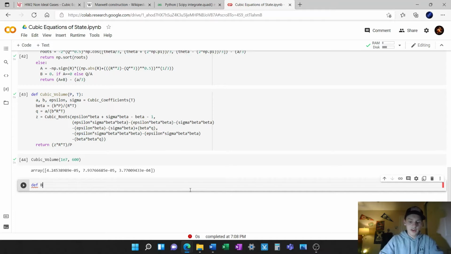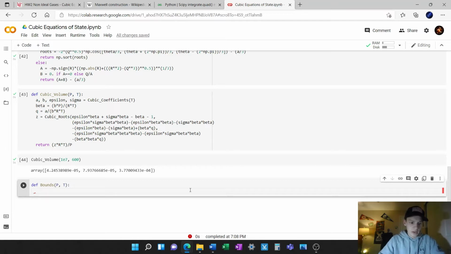This first function I'm going to call bounds because it's going to be our bounds of integration. That's one of the things we're going to need. To get these bounds is pretty simple. These are going to be our three volumes, which are obviously going to depend on the pressure that we supply and temperature.